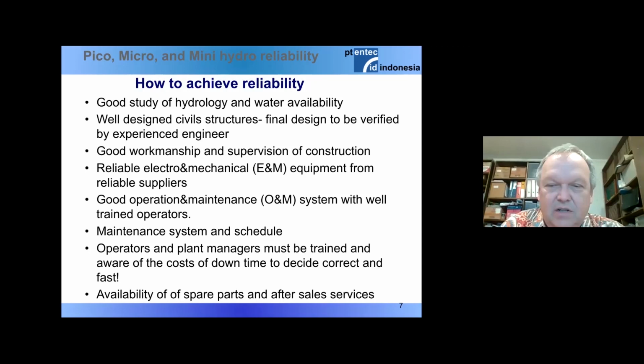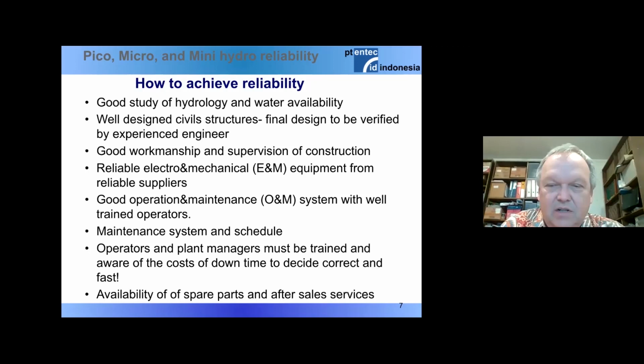Electromechanical equipment should come from a professional and reliable supplier. This can be a village supplier if he's nearby to repair things, so it doesn't mean everything must be completely perfect. And of course, operation and maintenance systems should also have trained operators, as we have heard already.